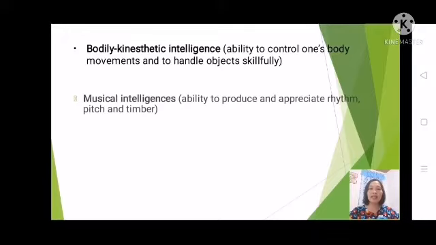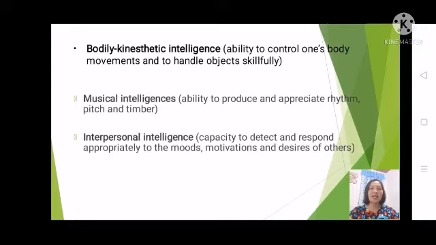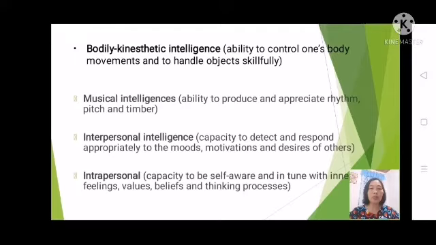The next intelligence is the interpersonal intelligence. This is the capacity to detect and respond appropriately to the moods, motivations, and desires of others. The next intelligence by Howard Gardner is the intrapersonal, and this is the capacity to be self-aware and in tune with inner feelings, values, beliefs, and thinking processes.